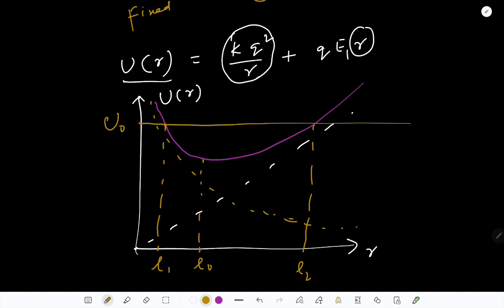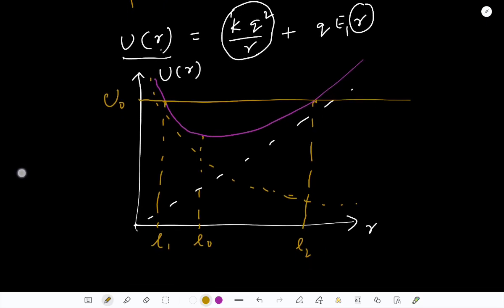Charged particles, or any particle moving in a conservative field, move between these 2 points L1 and L2, and these are their potential boundaries, we know it. Their kinetic energy is minimum, that was 0 initially, and so they are going to move between L1 and L2.